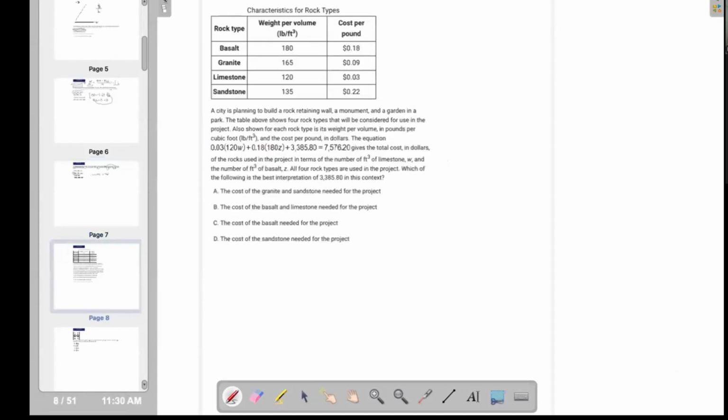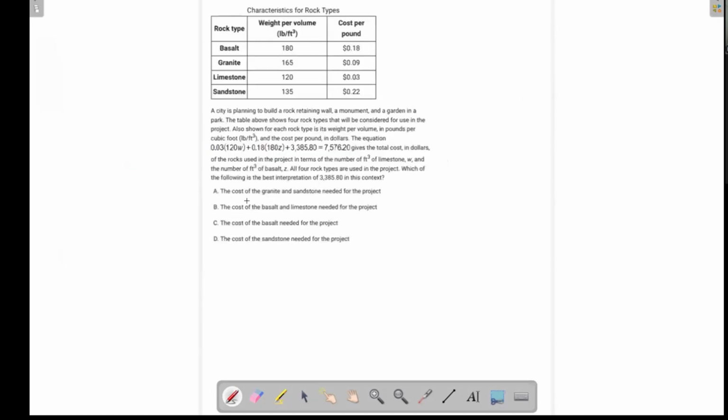All right. So here's our next question. We have a chart for characteristics of rock types. A city is planning to build a rock retaining wall, a monument, and a garden in a park. The table above shows 4 rock types that will be considered for use in the project. Also shown for each rock type is the weight per volume in pounds per cubic foot and the cost per pound in dollars.